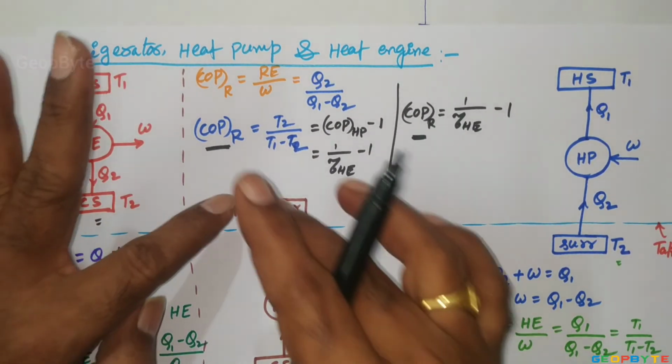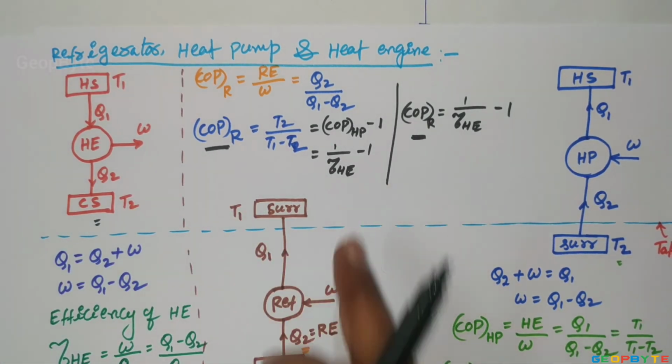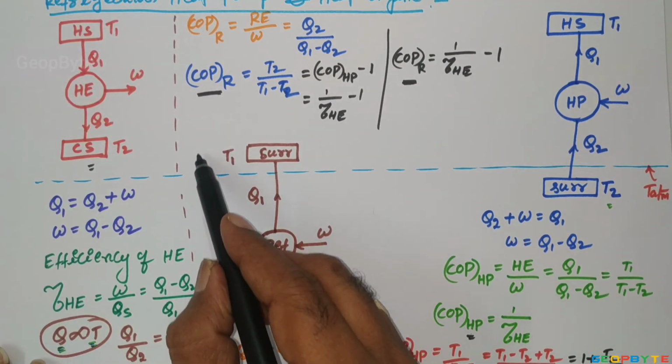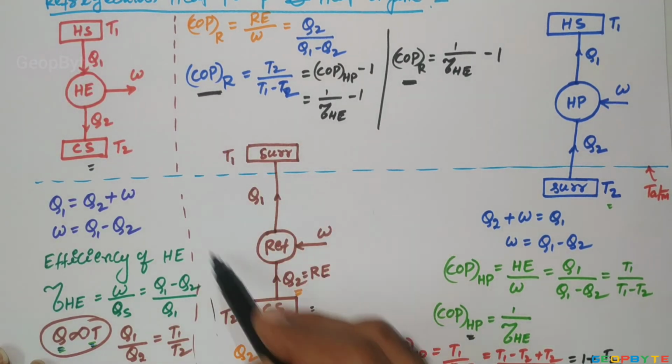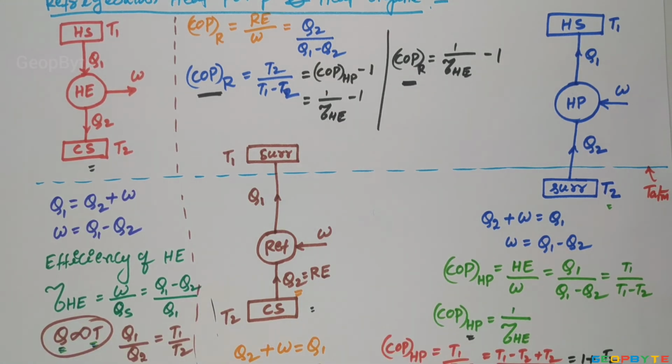assume this whole refrigerator is kept in a closed room. And let us take the domestic refrigerator. In your domestic refrigerator, this cold source is the place where we are keeping the working substances, that is the cabin space of the refrigerator.